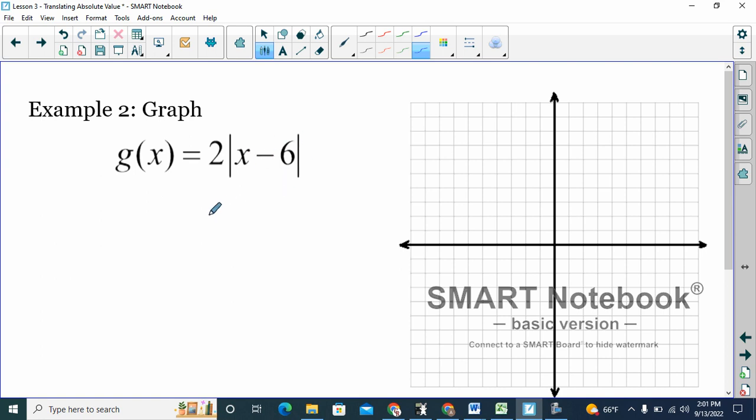Minus 6 means to the right 6 units. I don't have a vertical translation at all, so we are not going up or down. We are just going right 6. And this V opens up because this number here is positive, with a slope of 2. Up 2 over 1, and up 2 left 1.